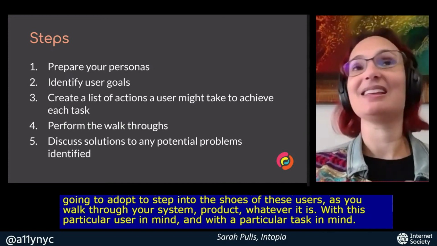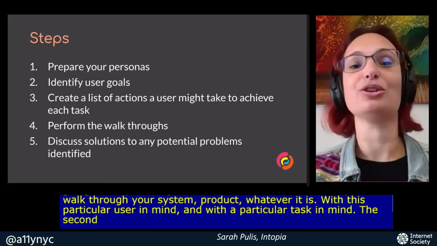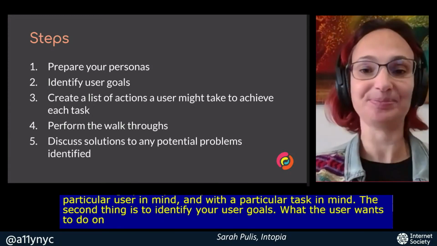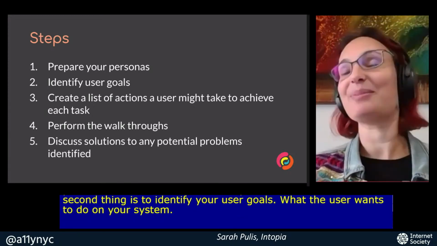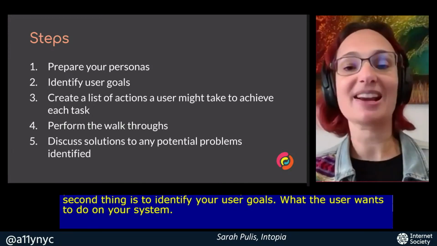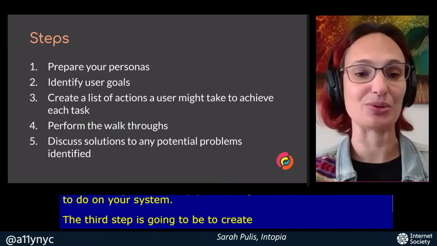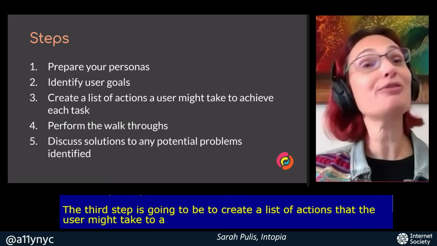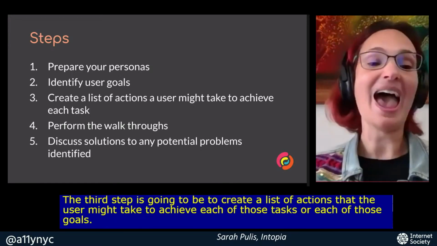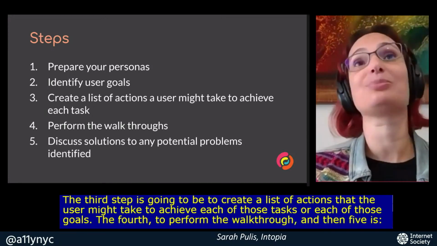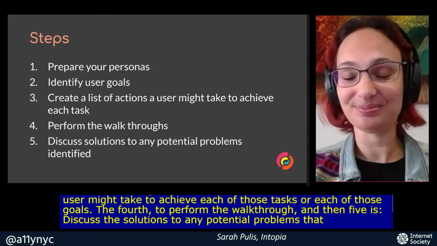The second thing is to identify your user goals, what the user wants to do on your system. The third step is going to be to create a list of actions that a user might take to achieve each of those tasks or each of those goals. The fourth, to perform the walkthrough. And then 5 is discuss the solutions to any potential problems that have been identified.